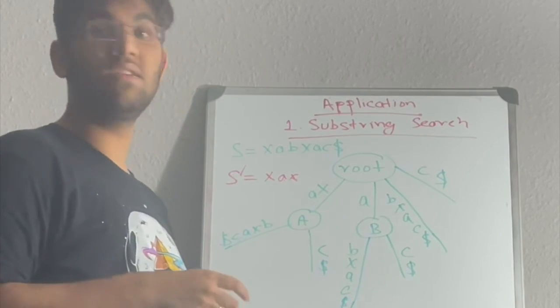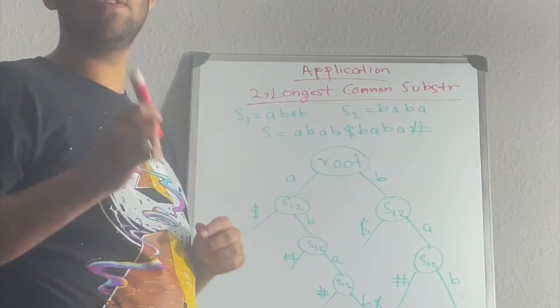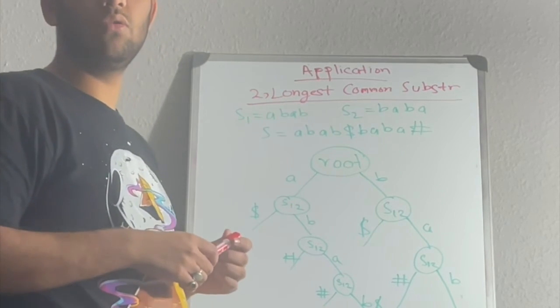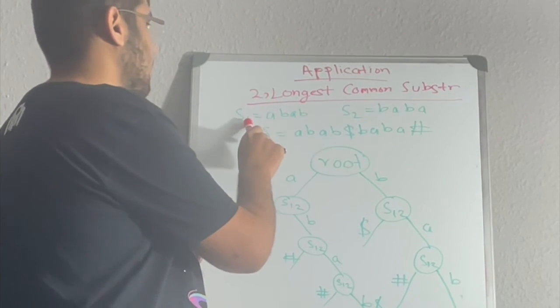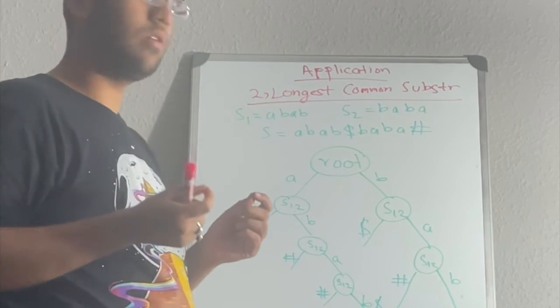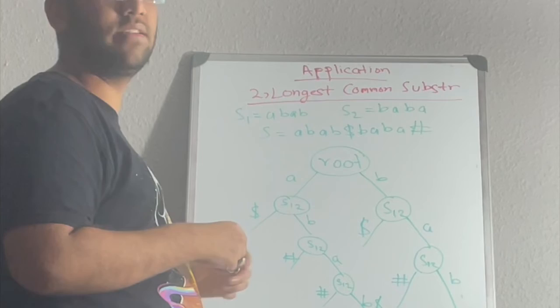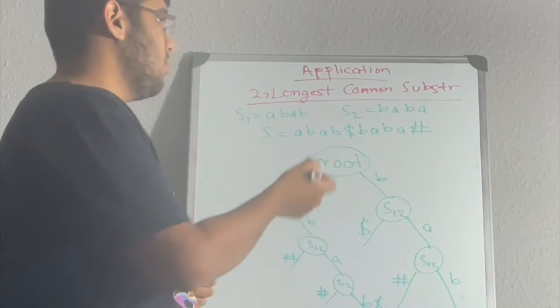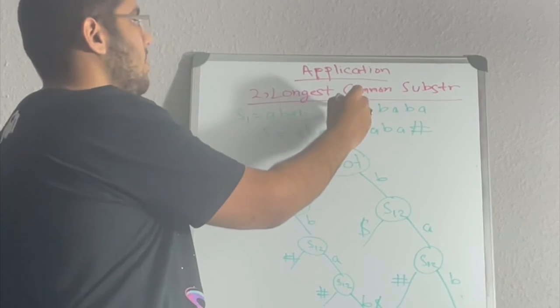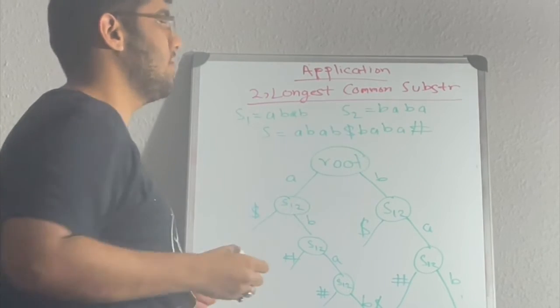Now we'll move on to the second application of the suffix tree, longest common substring. If we are given two strings, s1 and s2, we'll join them with different ending signs. For the first string we use a dollar sign, for the second string we use a hash sign.